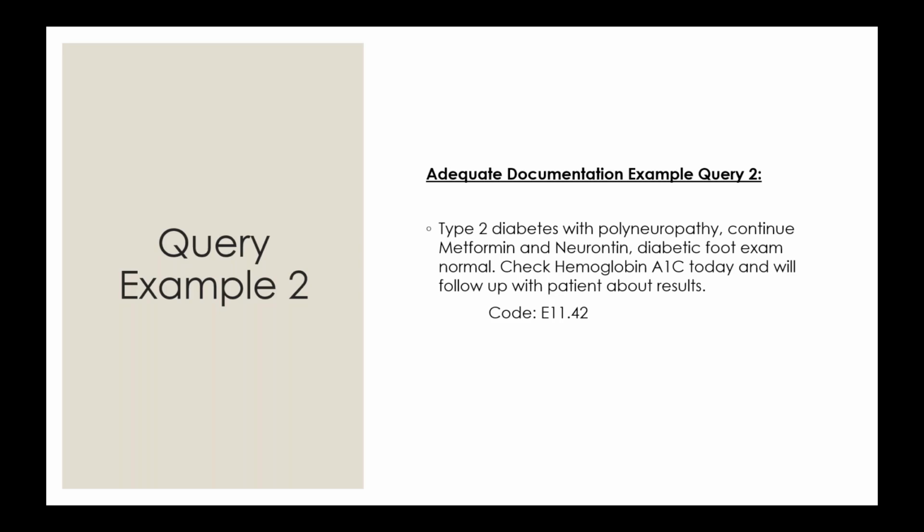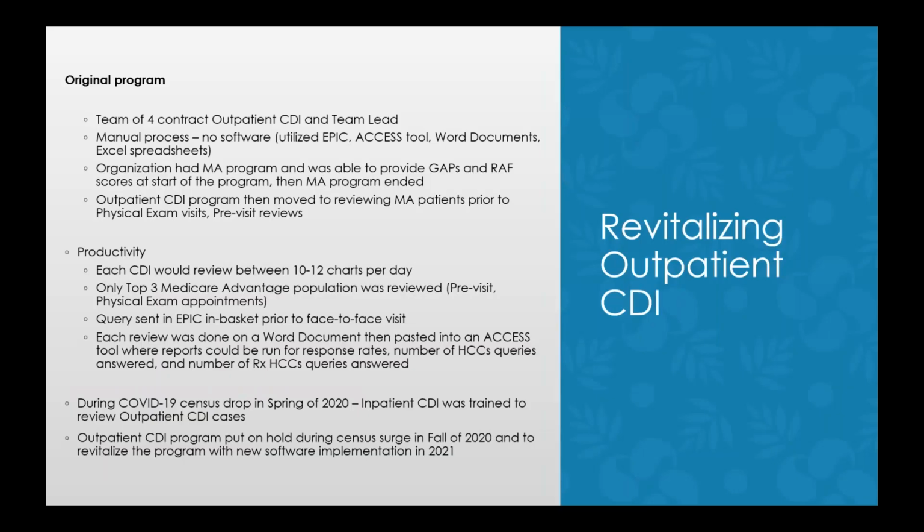And that continued to be one of the ones we would send the most queries on for getting those diabetes manifestations or complications added, because if you've seen previously on those other slides, it does make a huge difference in those risk adjustment scores and those RAF total scores.